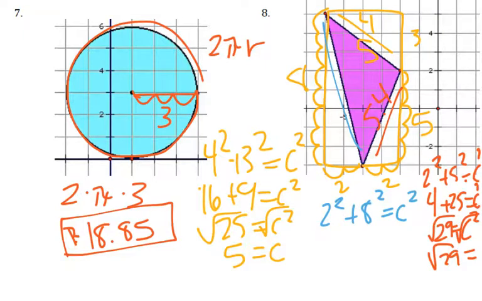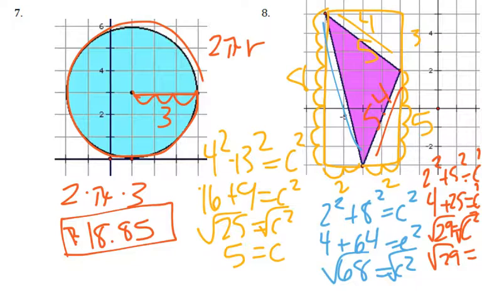Okay, then 2 squared is 4, 8 squared is 64, so we'd have 68. Take the square root of 68, get about 8.2. So then we add them together. 5 plus 5.4 would be 10.4, plus 8.2 would be 18.6 for our perimeter.